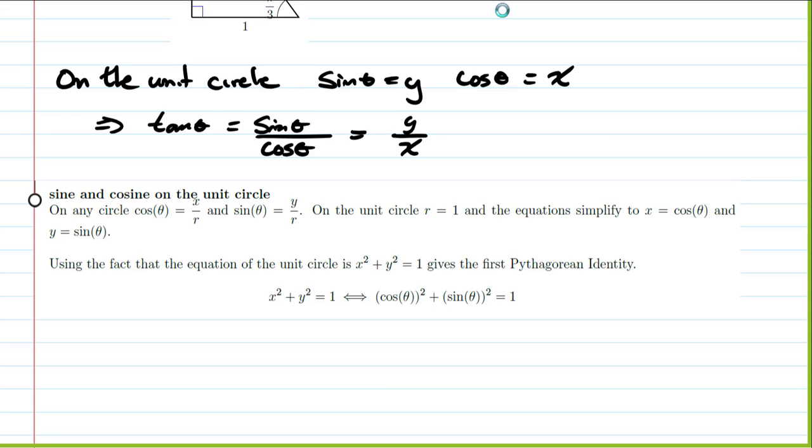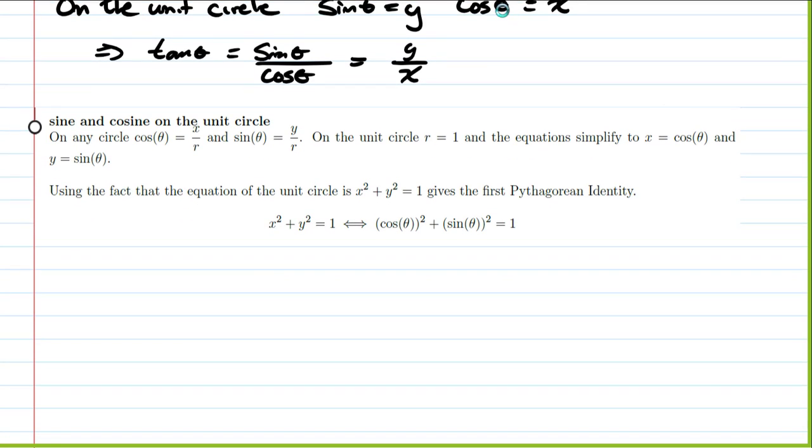So we get x is cosine theta and y is sine theta. Using the fact that the equation of the unit circle is x squared plus y squared equals 1, because that's the equation of a circle with center 0, 0 and radius 1, gives us the first Pythagorean identity. So if I replace x with cosine and I replace y with sine, it gives me cosine squared theta plus sine squared theta is equal to 1.